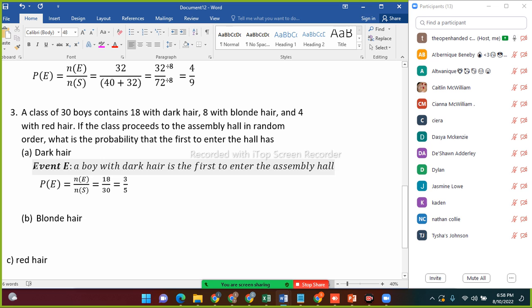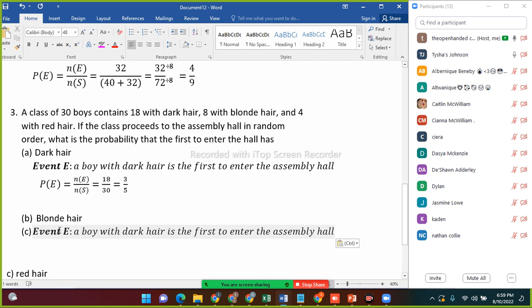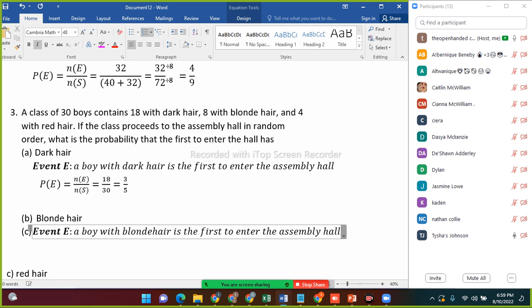What is going to be my event? A boy with blonde hair is the first to enter the assembly hall.